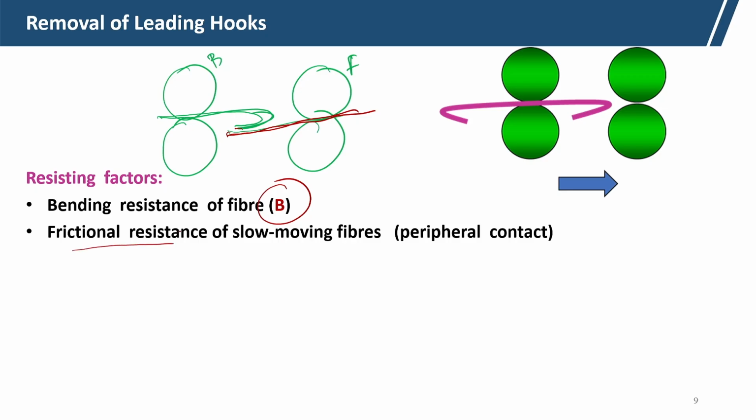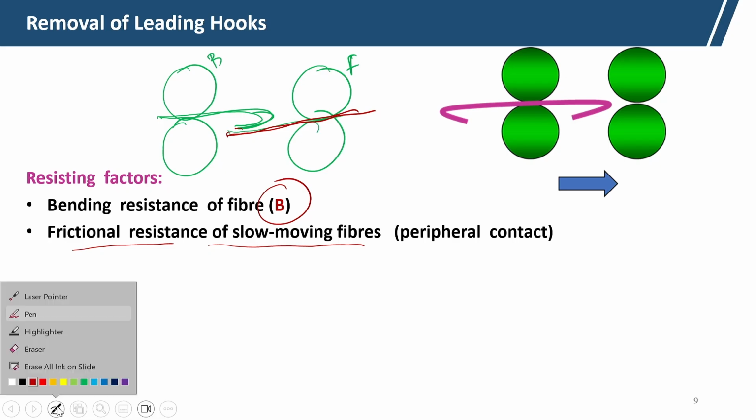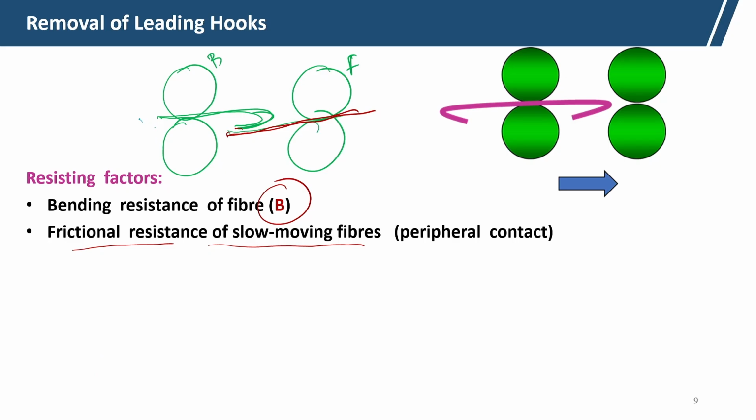Now, the frictional resistance of the slow moving fiber. There will be fibers which will move at a slower speed. So, I will draw another. This is under the control of the back roller. The blue color is slow moving fiber and red color is fast moving fiber.